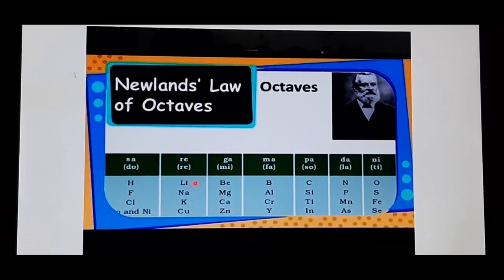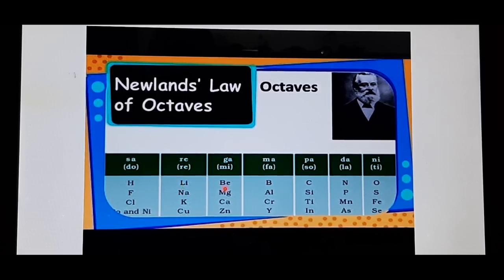Now we can count from anywhere within this arrangement. If we start from lithium, 1, 2, 3, 4, 5, 6, 7, 8, sodium is the 8th element, which means sodium will resemble lithium in properties.